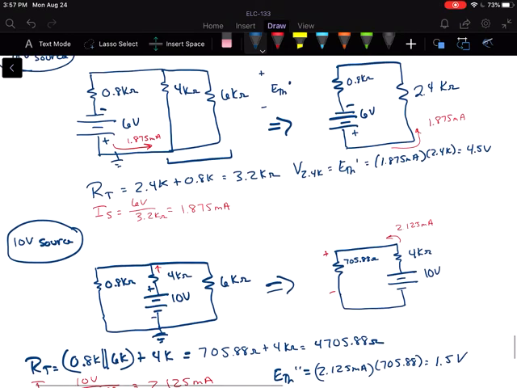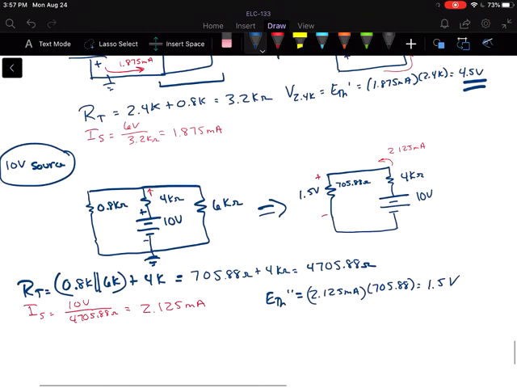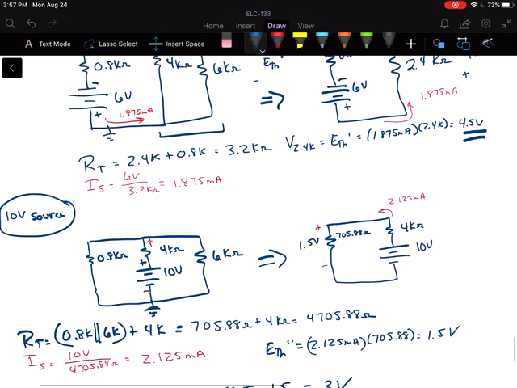Okay, so the 4.5 we found up here was due to the current going up, so that drop was in that upward direction. And since the current in the second part, just due to the 10 volt source, is going down, that's 1.5 in the opposite direction. So E Thevenin would be 4.5 minus 1.5, or 3 volts, which is what we found before.